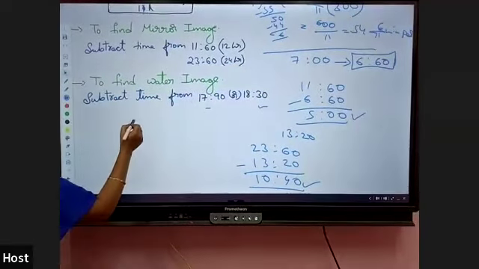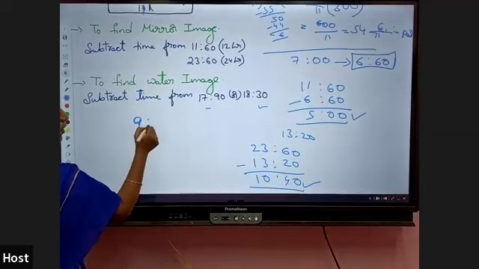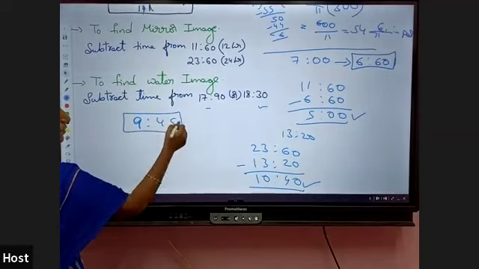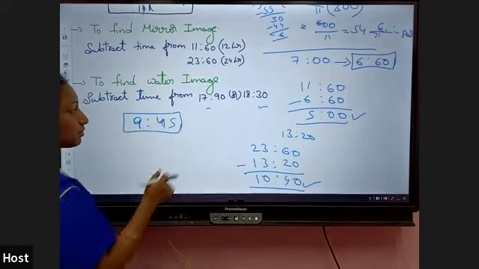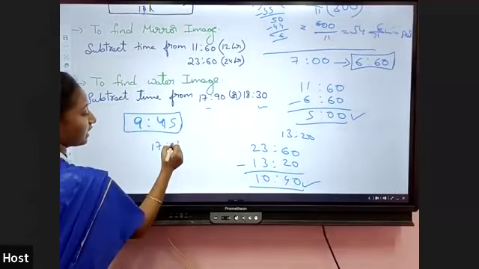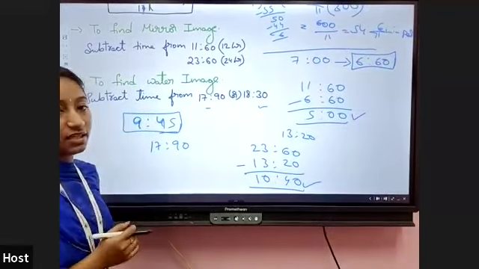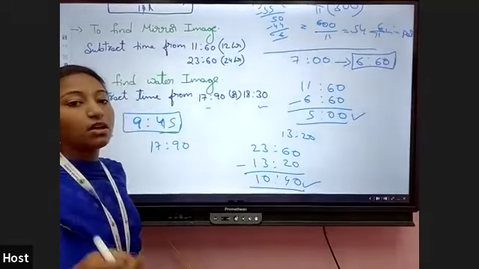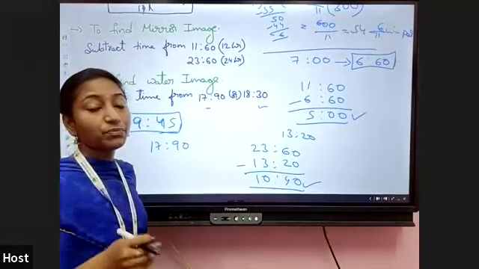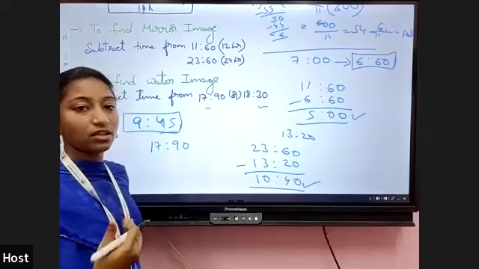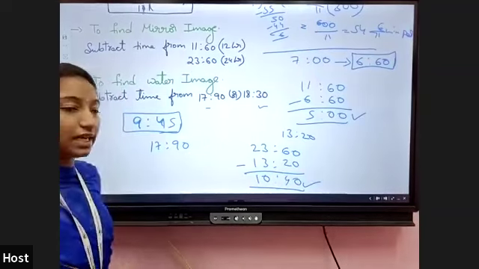For example, the time is 9:45. We should find the water image for the given time. We should subtract from 17:90 because here the minutes is more than 30.